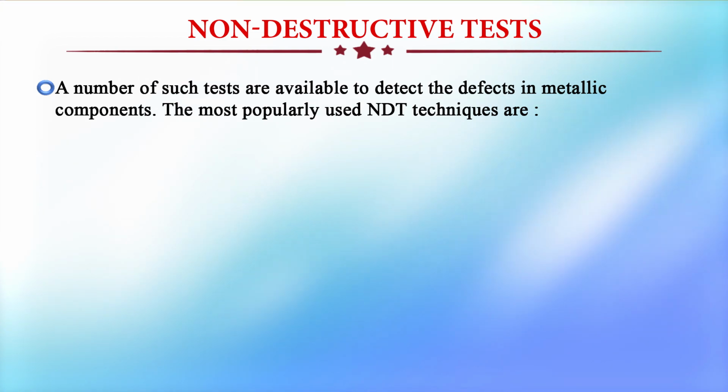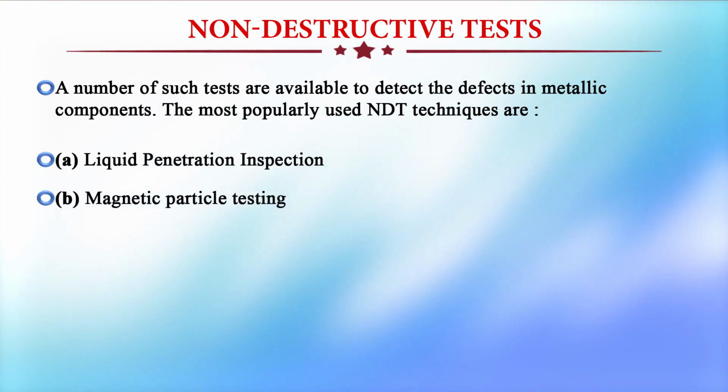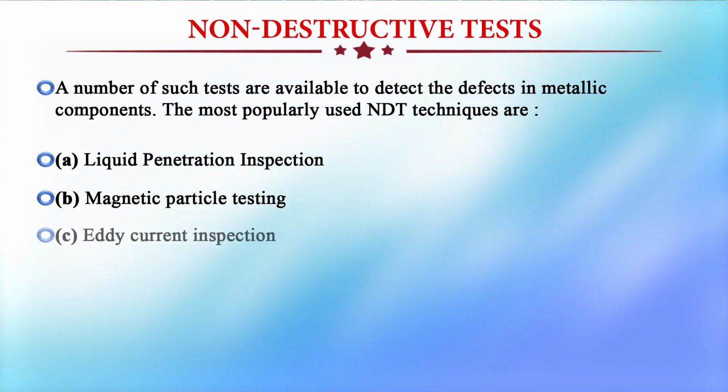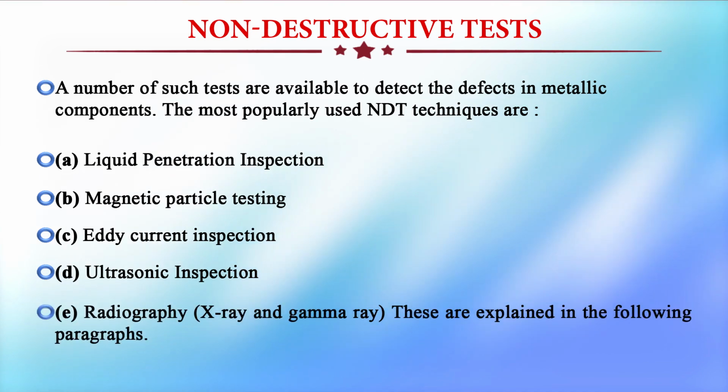The most popularly used NDT techniques are liquid penetration inspection, magnetic particle testing, eddy current inspection, and ultrasonic inspection. The fifth one is radiography, that is X-ray or gamma ray. These are all explained in the following way.